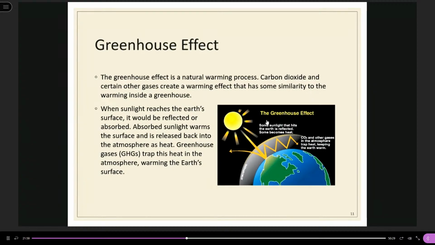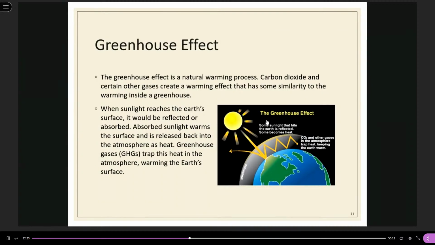Okay, so let's explain what the greenhouse effect is. When sunlight reaches the Earth's surface, it is reflected or absorbed. The absorbed sunlight warms the surface and it is released back to the atmosphere as heat. So greenhouse gases trap this heat in the atmosphere and warm the Earth's surface.